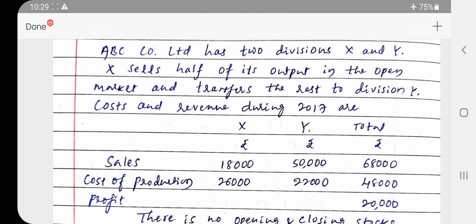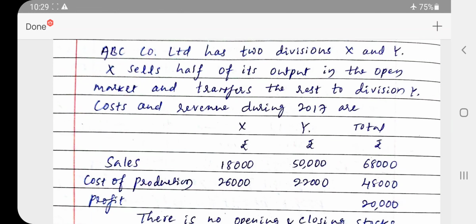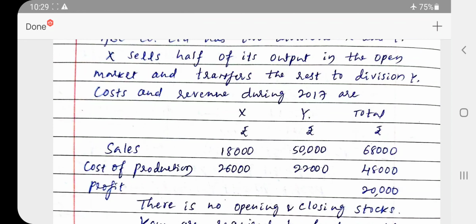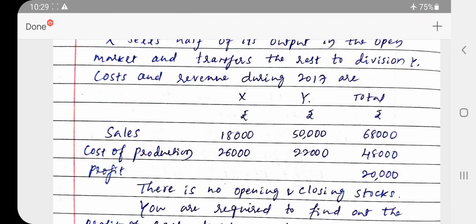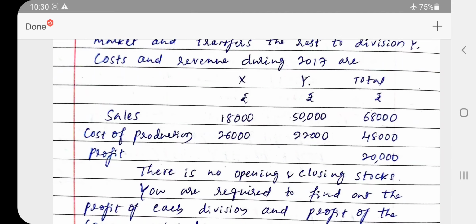The cost and revenue information is given for the year 2017. During the year 2017, for division X, division Y, and the total for the company, they have given figures in rupees: sales, cost of production, and profit.